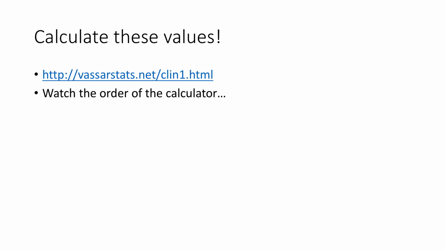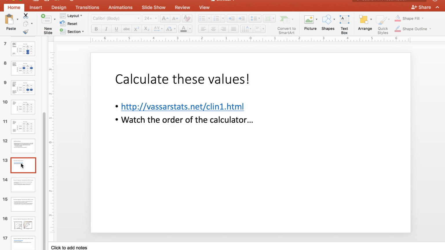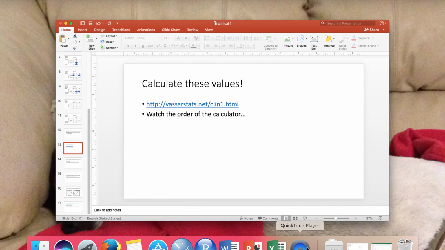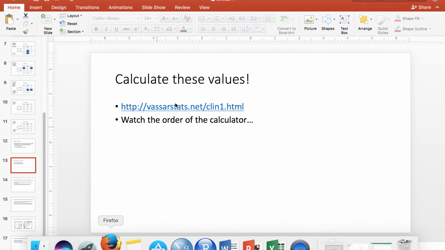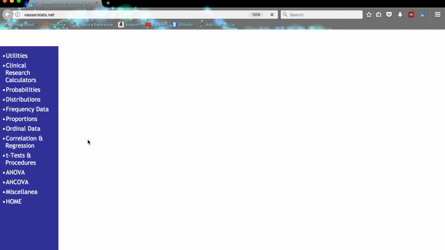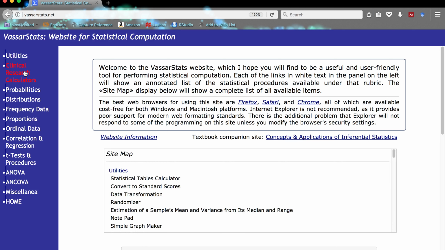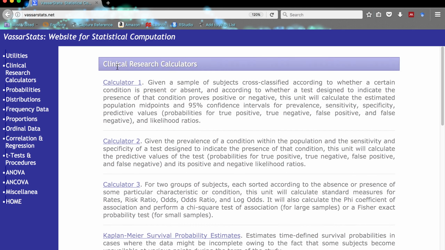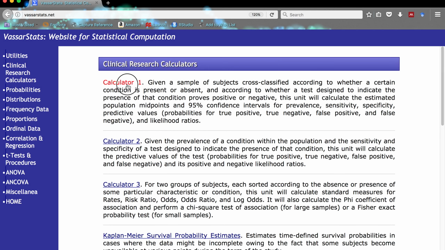All of that, thankfully, can be done online. You can use the VassarStats website, and it'll actually give you confidence intervals as well. So let's go try those examples on their website. You can click directly on this link to get to the Clinical 1 calculator, or if you go to their overall website, click Clinical Research Calculators, and it's the first one.